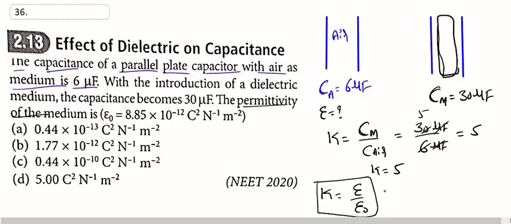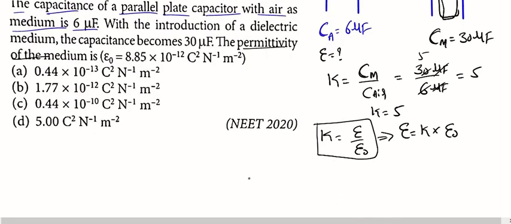We know this equation from the first chapter, electric charges and fields. This is called the relative permittivity of the medium. The permittivity of the medium is equal to K into epsilon naught. Now simplify: K is 5, into epsilon naught, 8.85 into 10 to the power of minus 12.